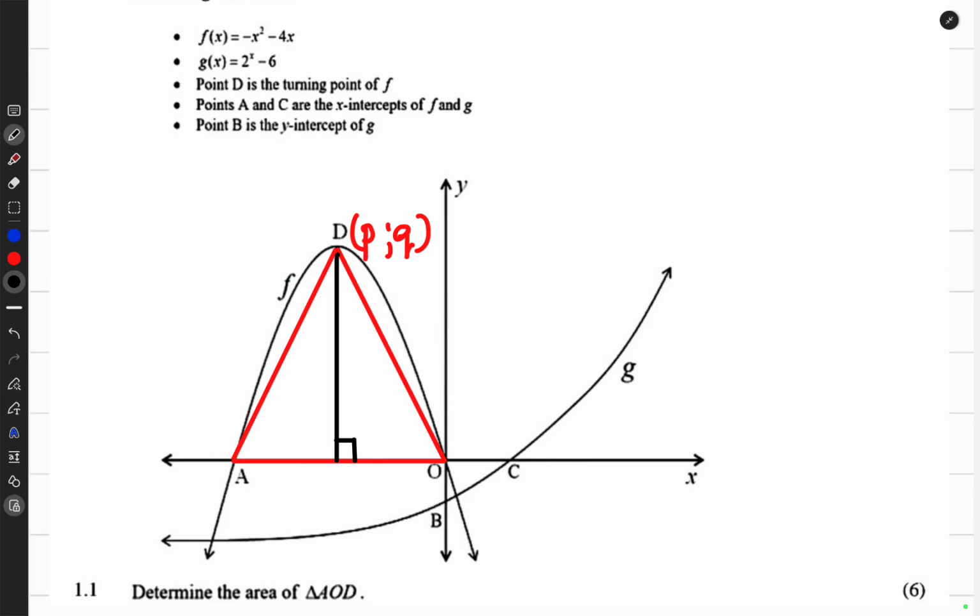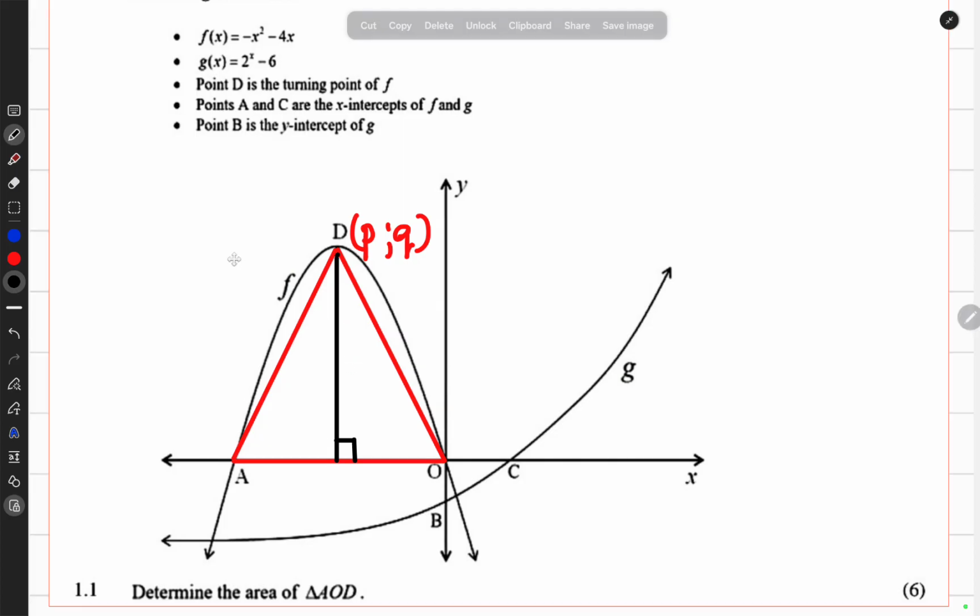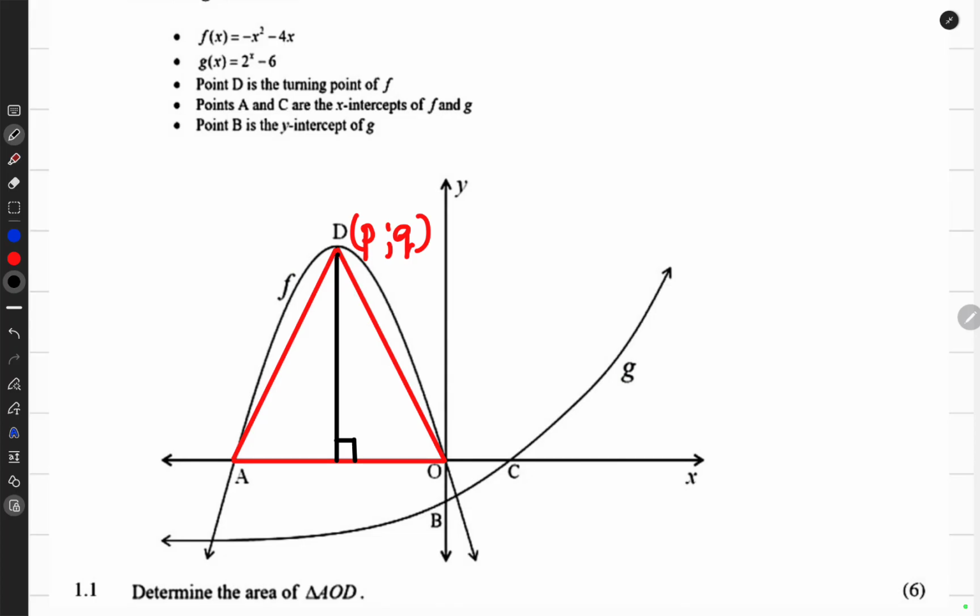We would need to calculate the length of the height, which will be given by Q. That's what we need to do. So we need to get the turning point, P and Q.